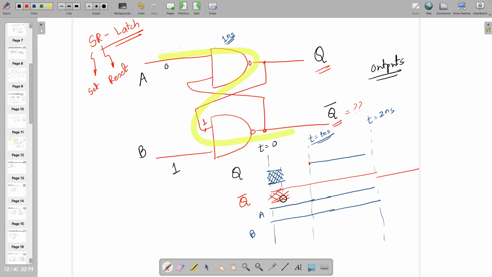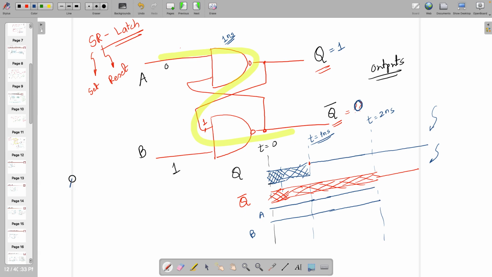And in between, whatever is there, it's actually just not correct. And later on, whatever you are seeing, that's a stable output. So you need to check the output after 2 nanoseconds in this circuit to get the correct answer. And here you can see Q equal to 1 and Q bar equal to 0.